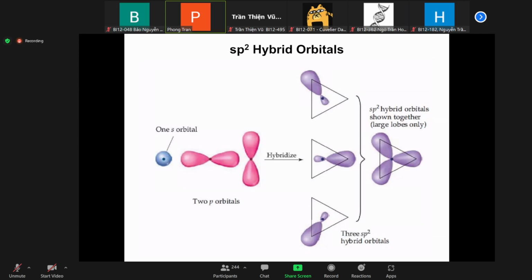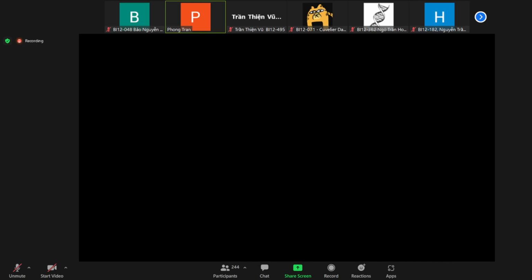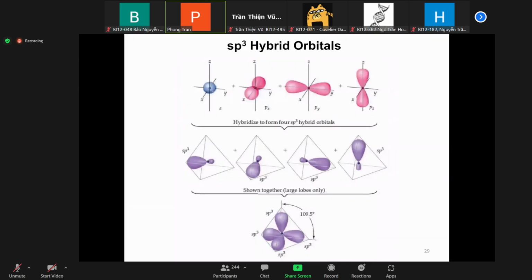So you can make three covalent bonds easily. If you put one s and three p, you have in total four hybrid orbitals, sp3. When they arrange in the three-dimensional spherical coordination, you will have a tetrahedron, with the angle of 109.5. So that explains why you have a tetrahedral geometry for the molecule of CH4.